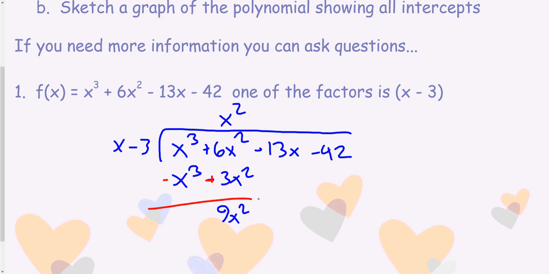9x squared. We divide by x, so that's 9x. Bring down the minus 13x, multiply, and I get 9x squared minus 27x. Again, change the signs, and we'll add.